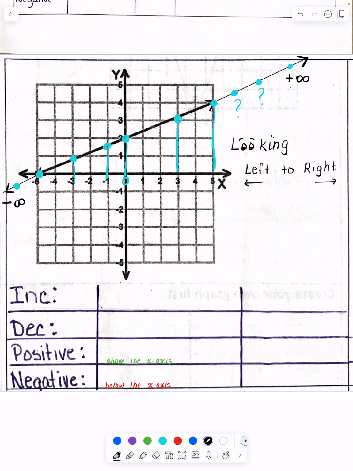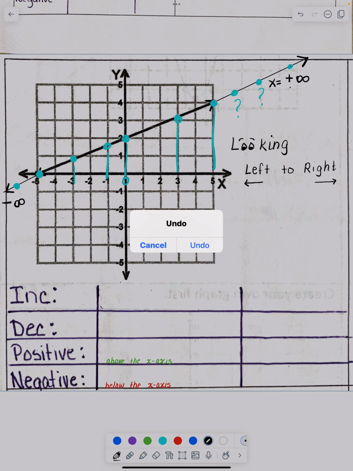So X equals -infinity. And over here, it's X equals +infinity. Okay, so we are going to be looking at those values, the furthest left and the furthest to the right. The furthest left is the smallest one, the furthest to the right is the largest one.